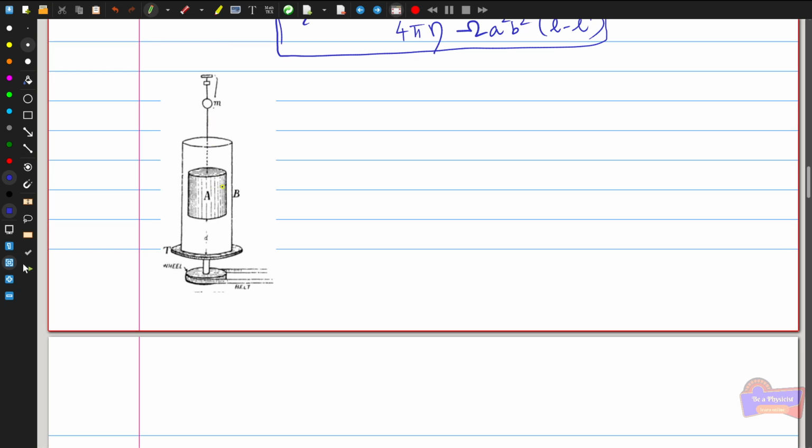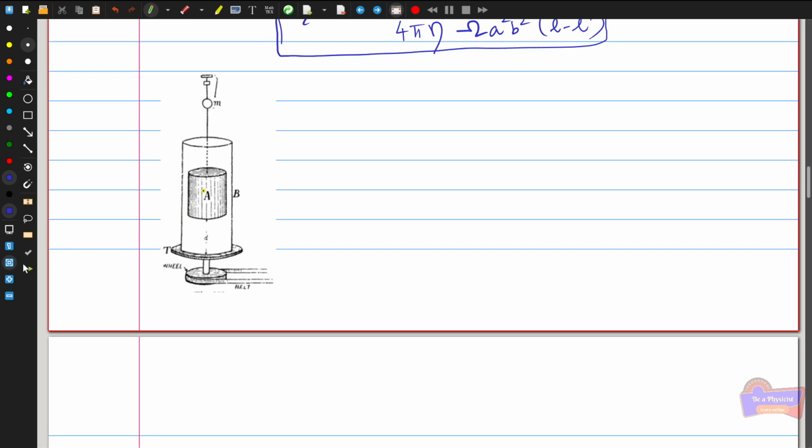The essential parts of the apparatus used for the experiment are shown in this figure, where the outer cylinder B is clamped to the table T, which is attached with a belt to the motor, so that you can rotate the outer cylinder.